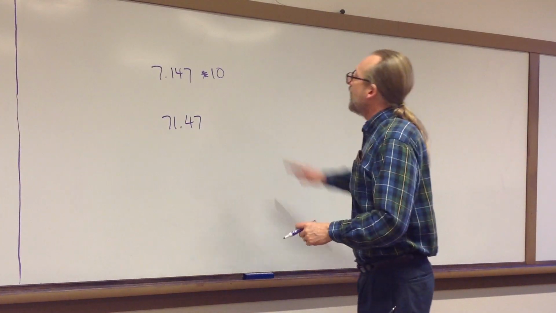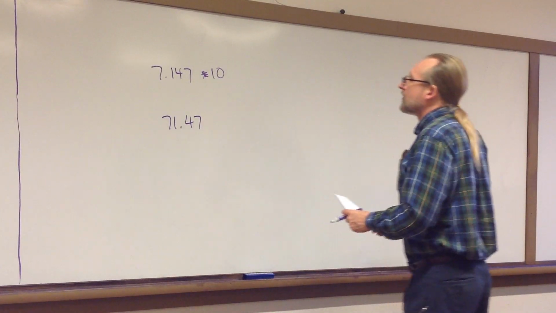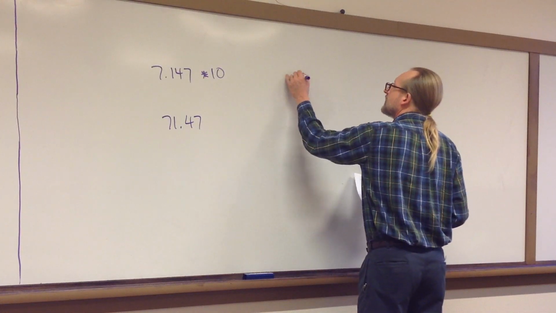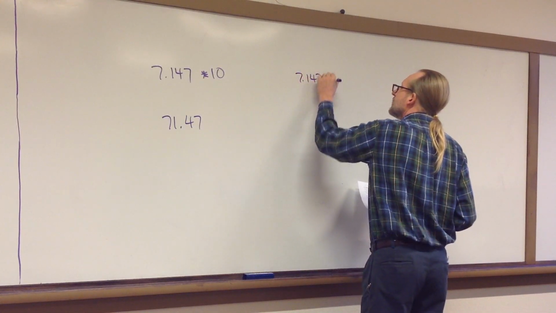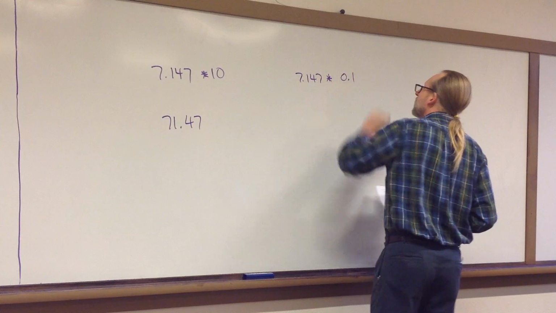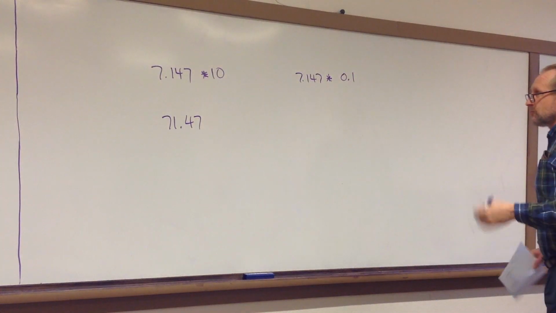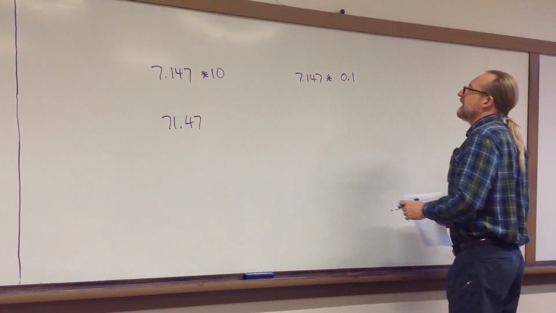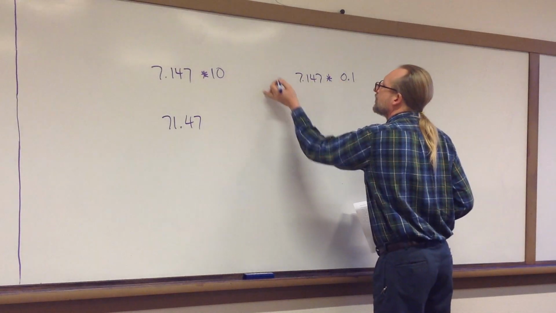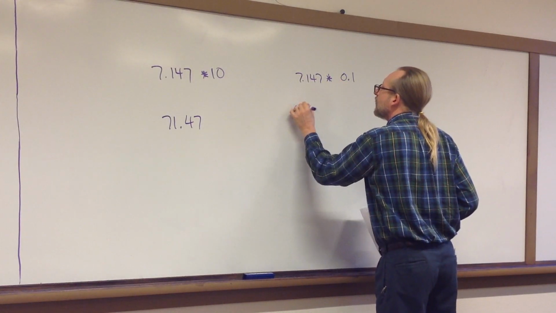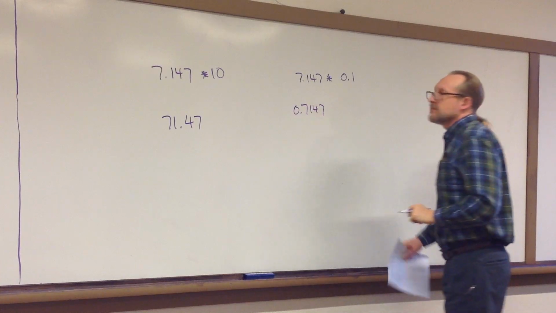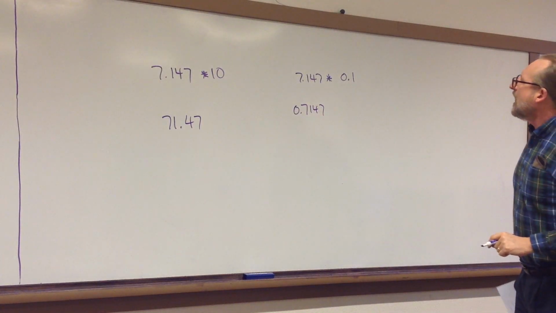Okay? Now, that's for numbers that are bigger than 1. Now, let's say we take this 7.147 and we want to multiply it by 0.1, which is 1/10. Now, in this case, it's going to move one place to the left and make this 0.7147. Okay?